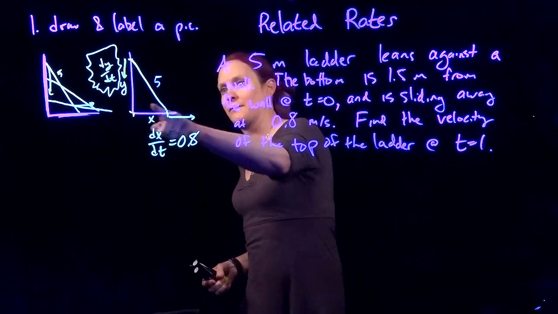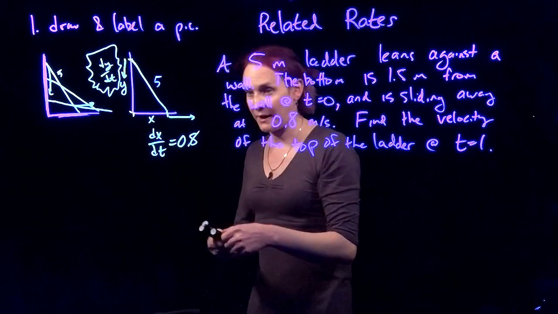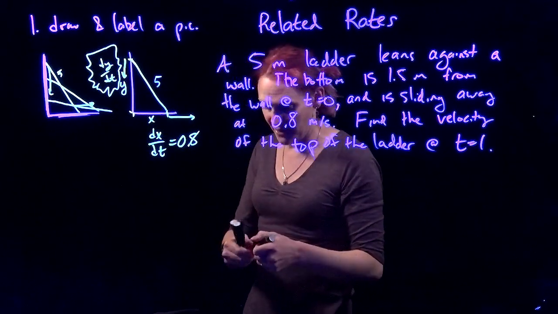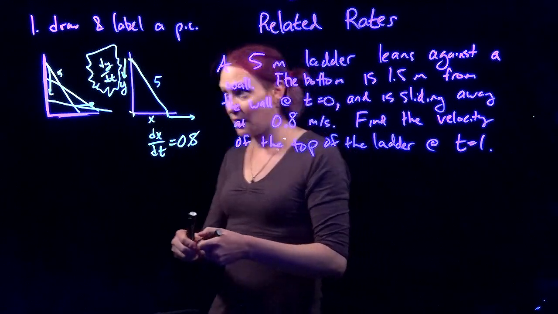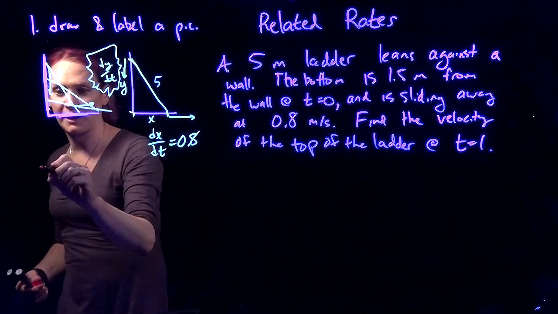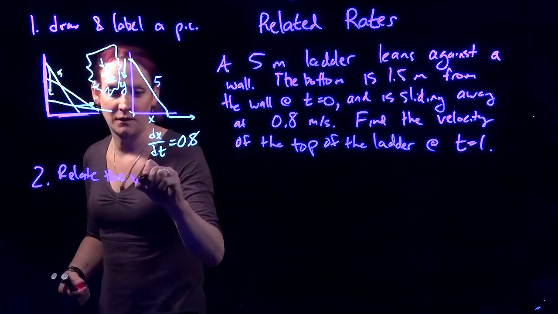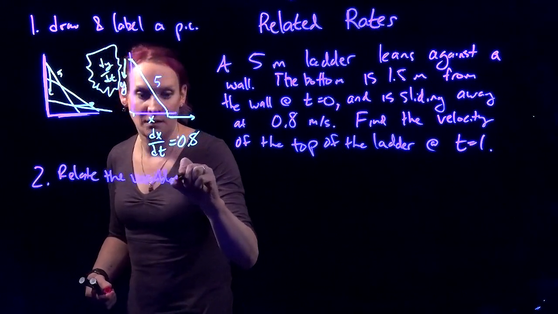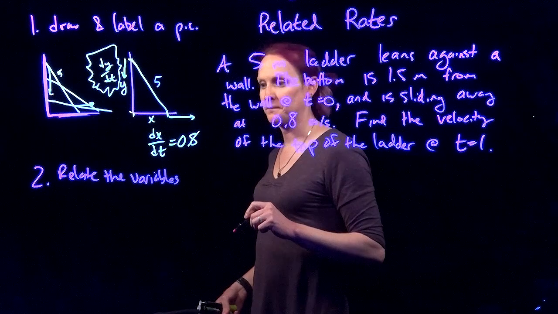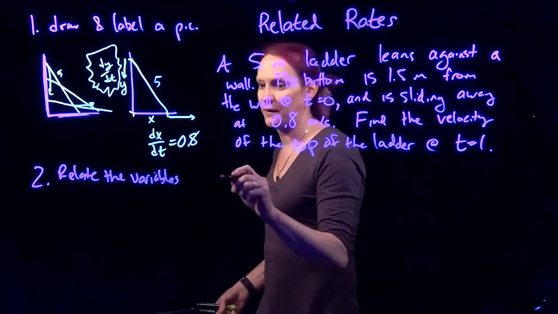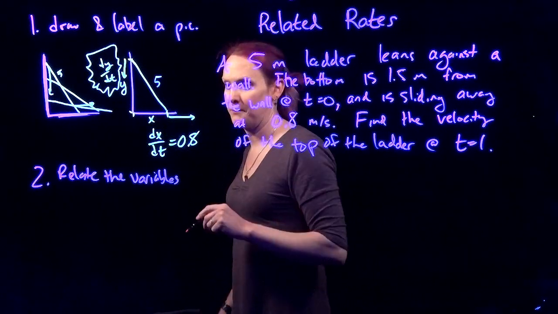So I happen to know that I have a triangle right here. So step 2, I think, is we should relate the variables. Okay? And the variables in this case are x and y.